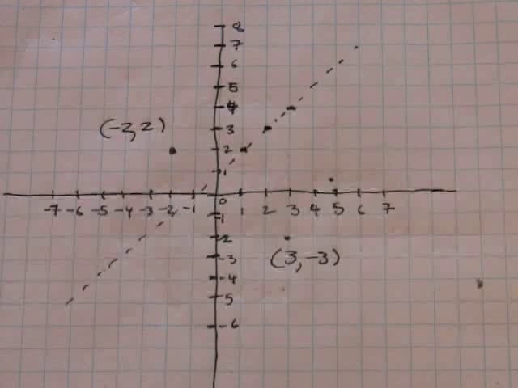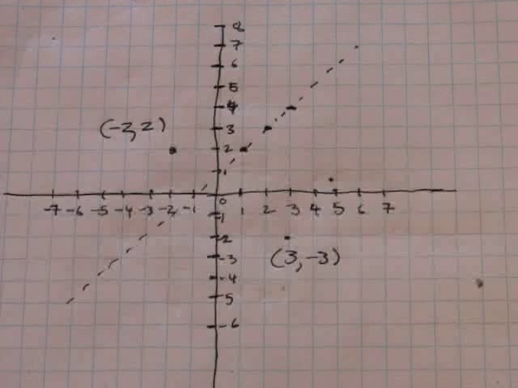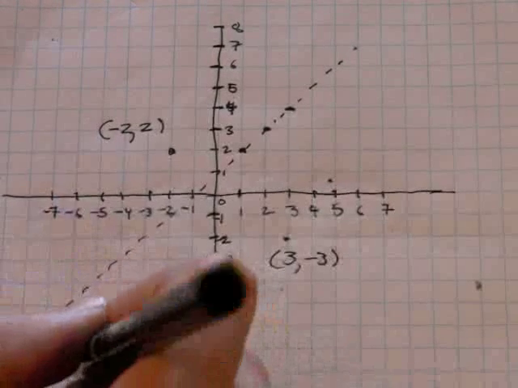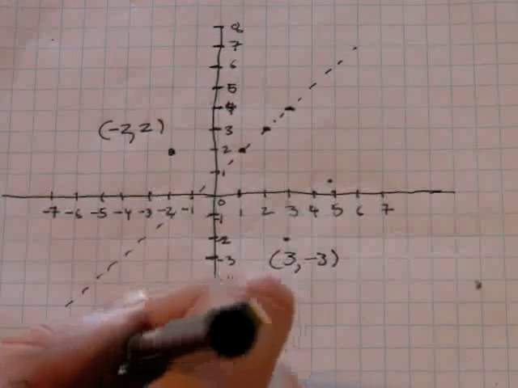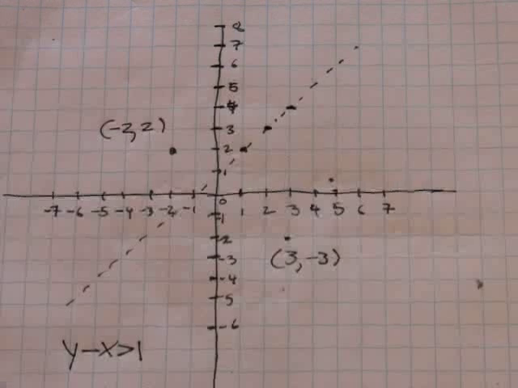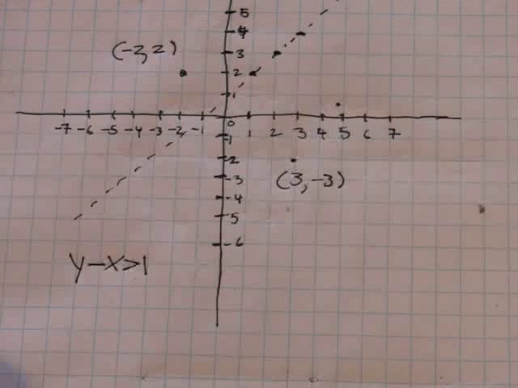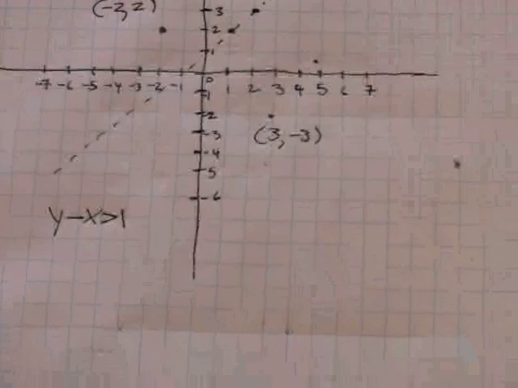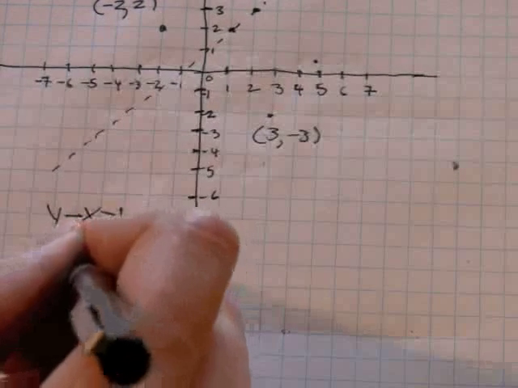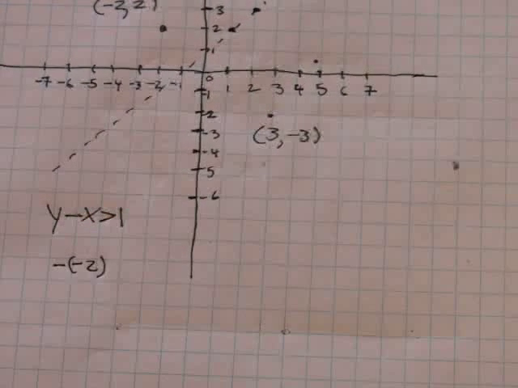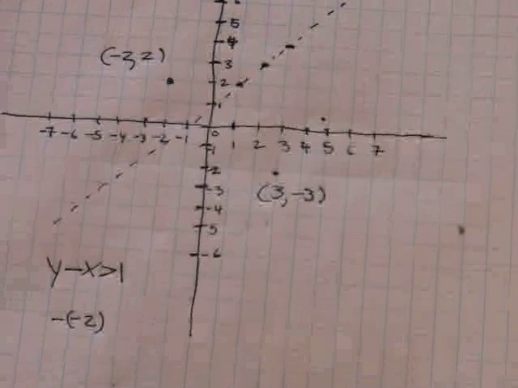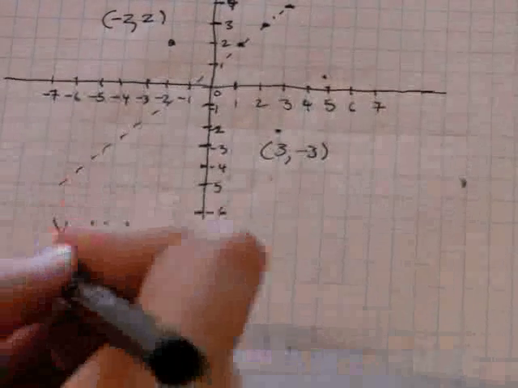So we do know that the original inequality was this down here. So let's plug in -2 for x, negative 2, and y was just 2.